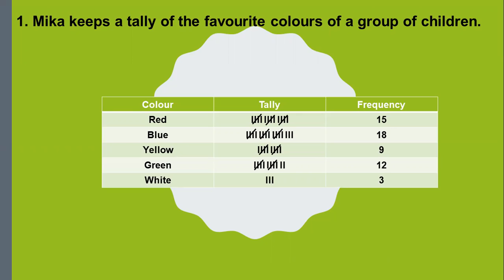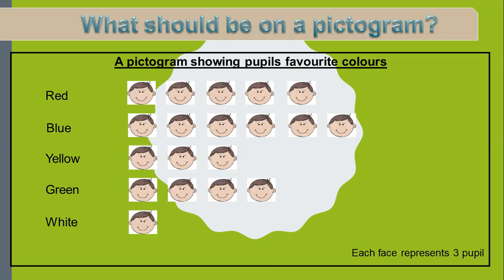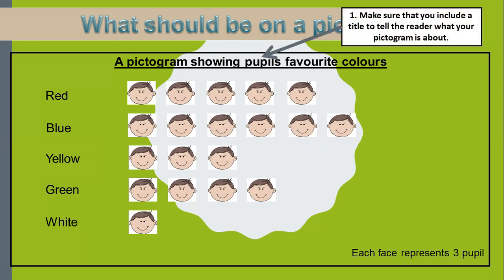Pictograms, how do pictograms look like? Let's see. What should be on a pictogram? Before we start to make a pictogram, we have to know what should be on a pictogram. Apa sih yang harus ada dalam pictograms? So you can see the first is make sure that you include a title to tell the reader what your pictogram is about.